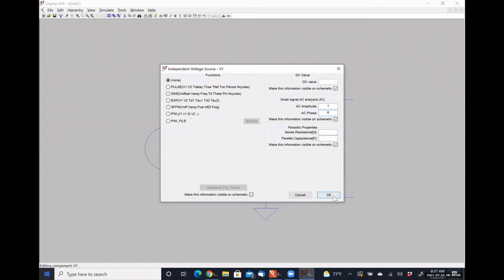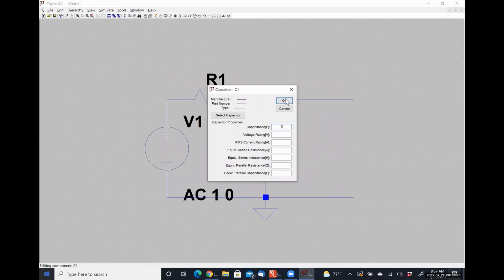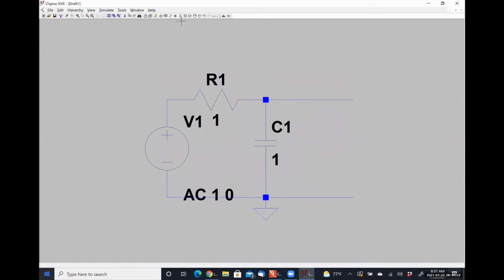I'm going to give myself a resistor value of 1 and a capacitor value of 1. And I'm going to label this terminal right here as V out because that will be my output voltage with respect to ground, which is what I'm measuring. That's also going to be representative of my transfer function because I'm using a 1 angle 0 source.